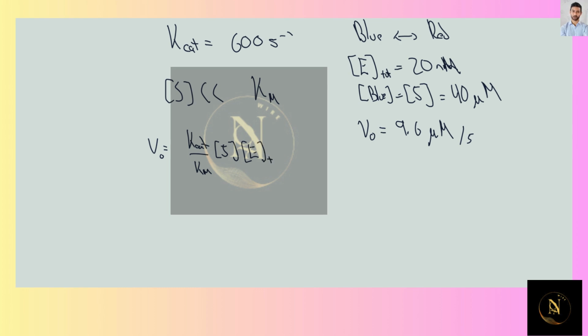So we want to know the value of Km, which corresponds to kcat divided by the initial velocity, times the concentration of the substrate, times the concentration of the total enzyme. Replacing the values, we get 600 seconds to the minus 1. The initial velocity is 9.6 micromolar.